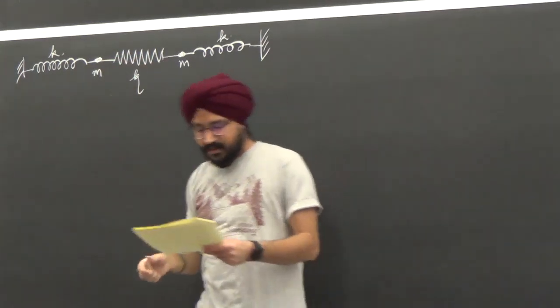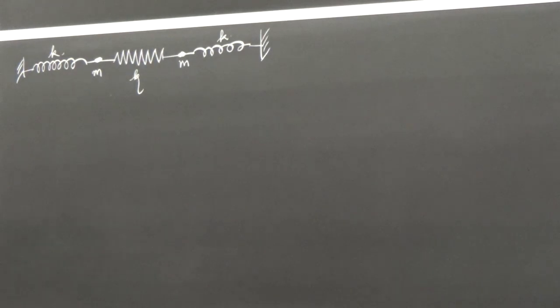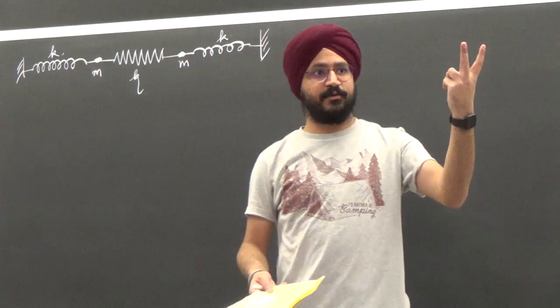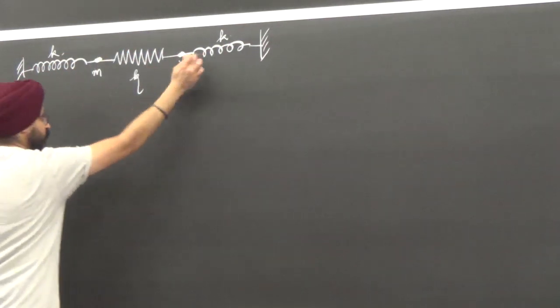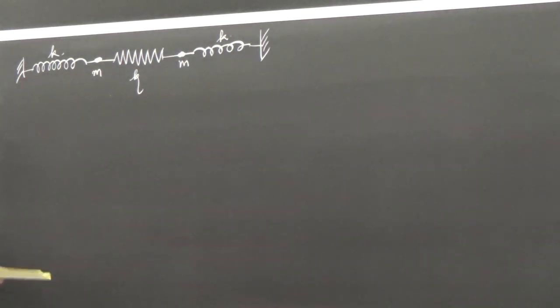All right. First step, write down the equations of motion for the n particles. How many particles do we have? How many degrees of freedom? 2. There must be 2 equations: x1 double dot, and x2 double dot for the second particle. How do you write them down?